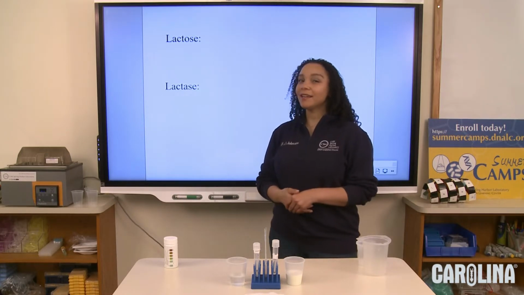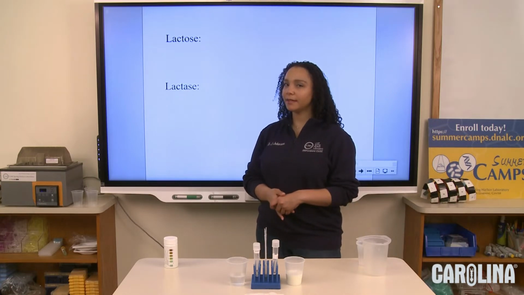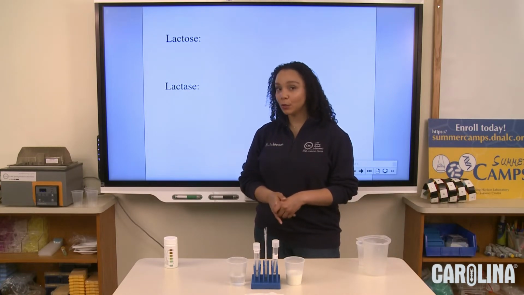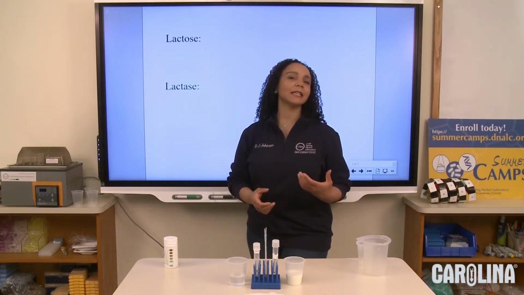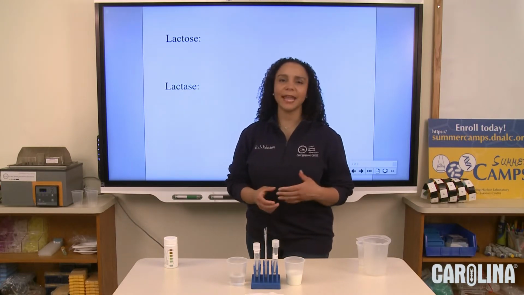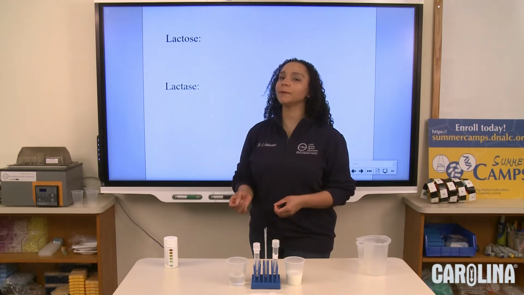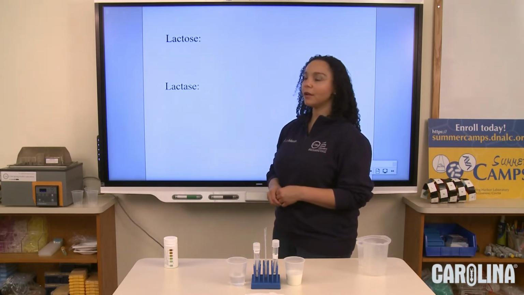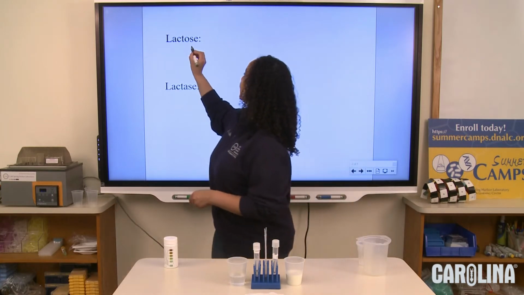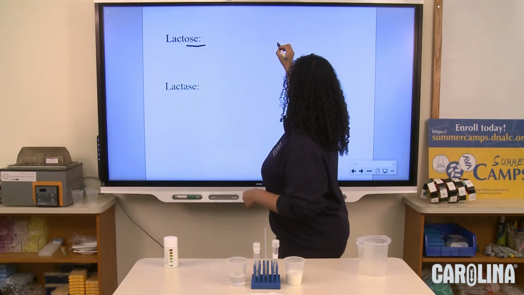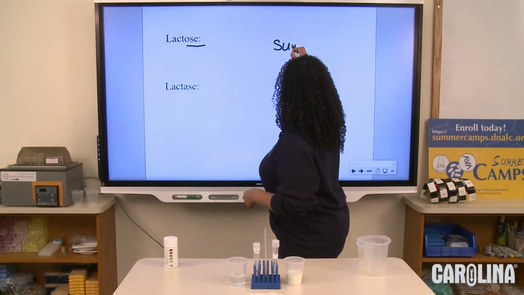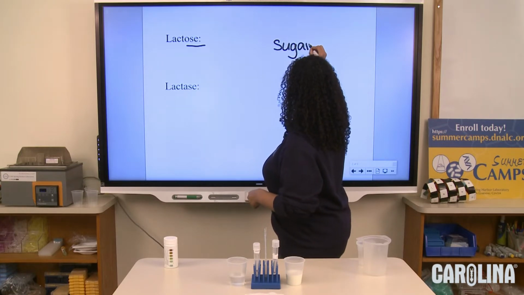Do you know any other molecules that have an ose ending? Have we heard of glucose before? If you've read the ingredient label on a juice, have you seen high fructose corn syrup? The ose lets us know we're talking about a sugar. So lactose is a sugar molecule.